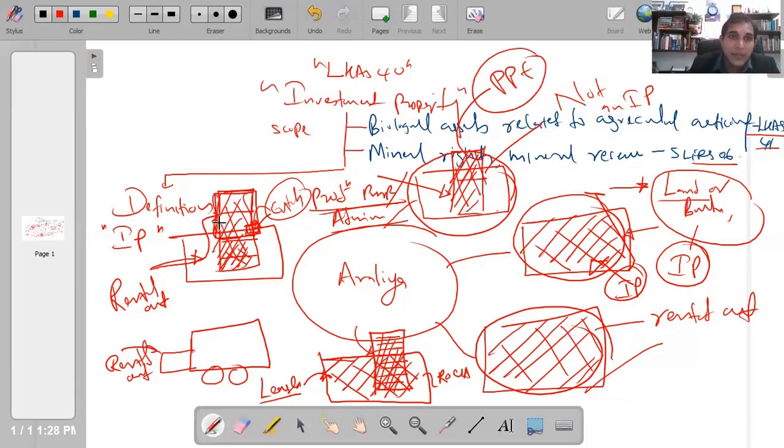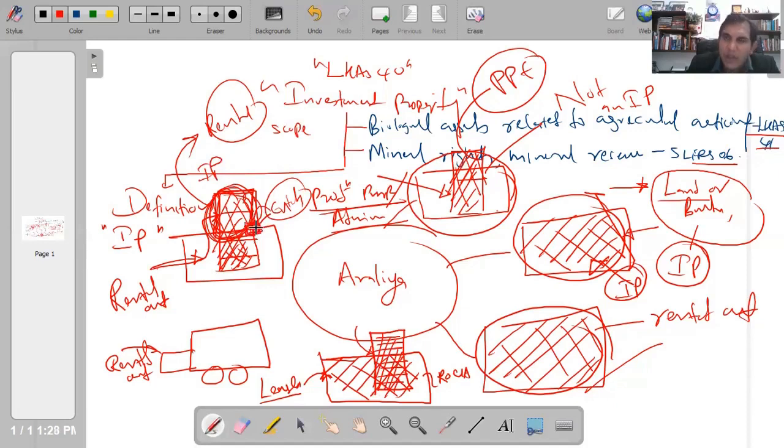But here, from these two stories, we are earning rental income. So these two spaces could be identified as investment property, IP. Now this is a very special case.